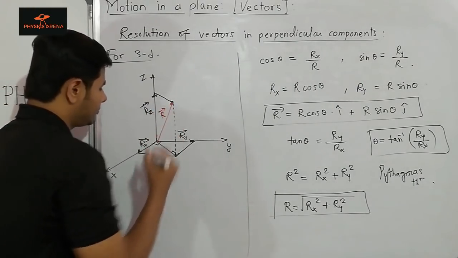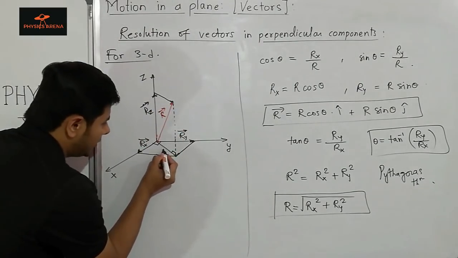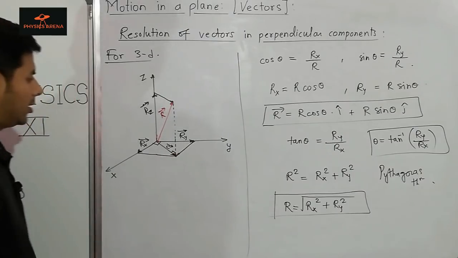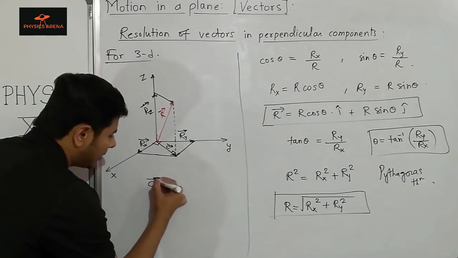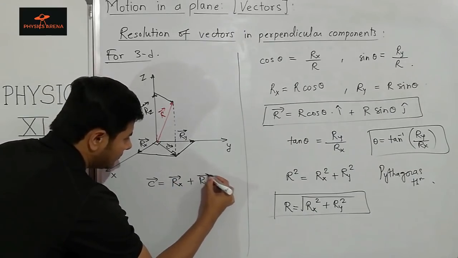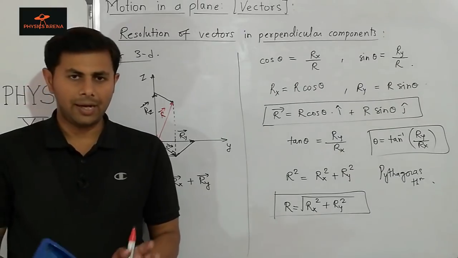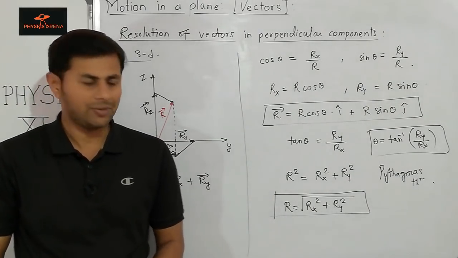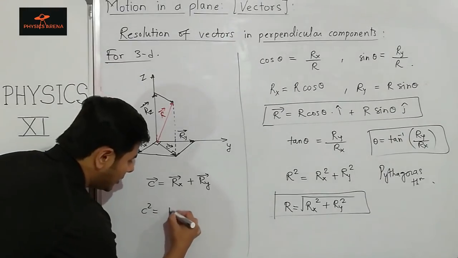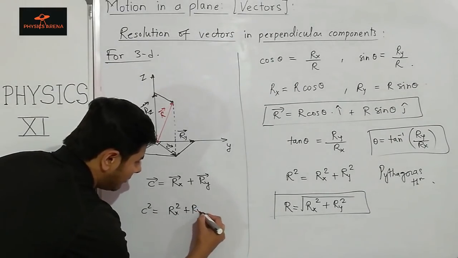See how? Suppose this vector here is C bar. So I can say that C bar is equal to Rx bar plus Ry bar. And Rx and Ry are perpendicular to each other. That's why I can write C square is equal to Rx square plus Ry square.